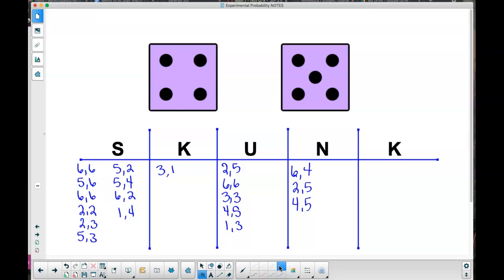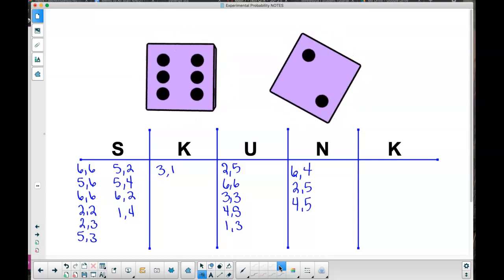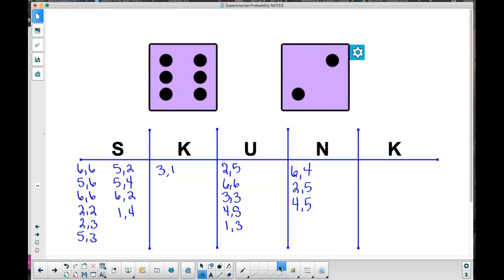I'm taking one more. Some people sat. If you sat, you can add up your points. Okay, here we go. Oh. 6 and a 2. So 8 points. Everyone want to sit now?